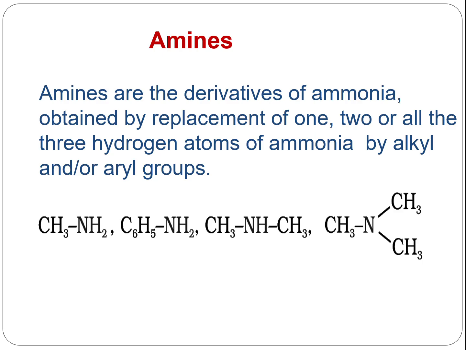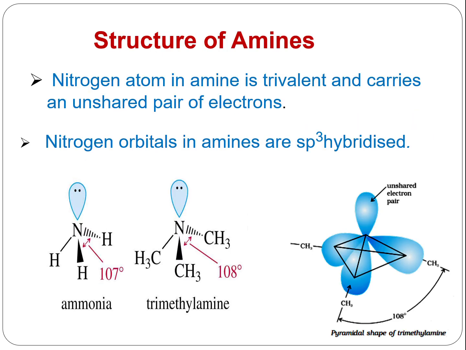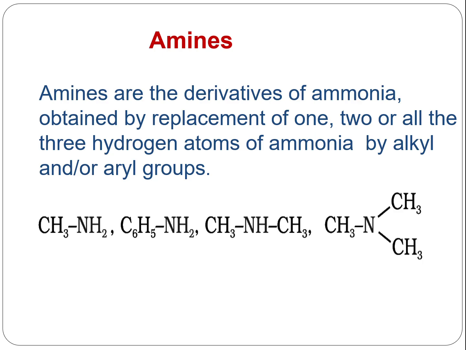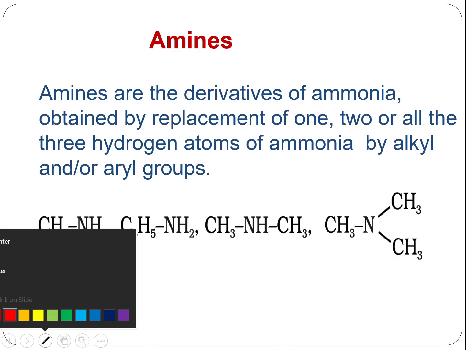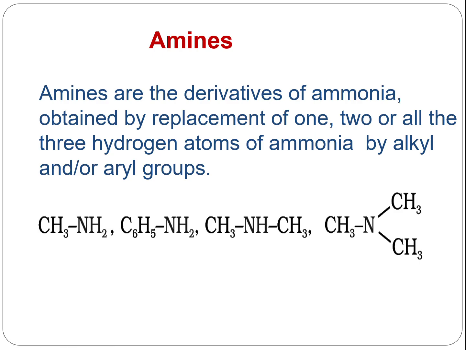Amines are the derivatives of ammonia obtained by replacement of one or two hydrogens by the alkyl groups or the aryl groups. Now here, if you see in this slide, the examples of these compounds are given.